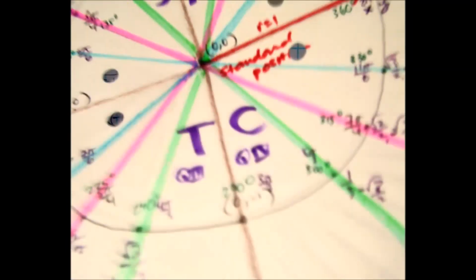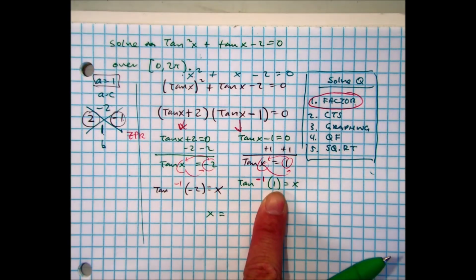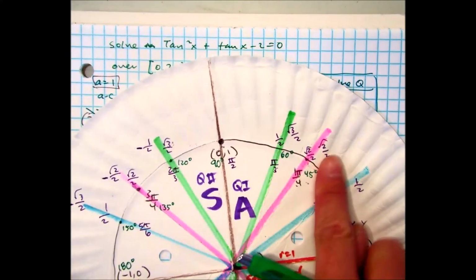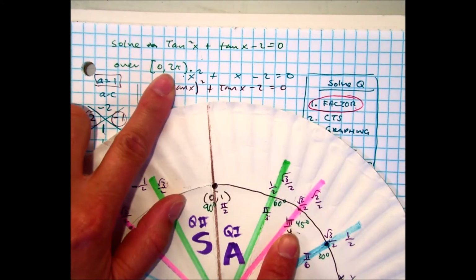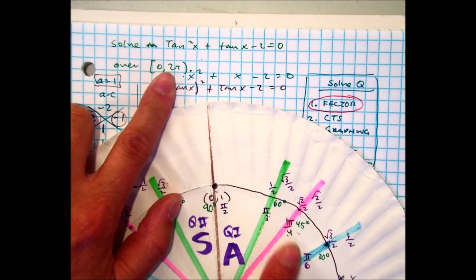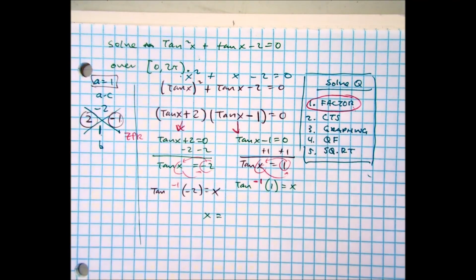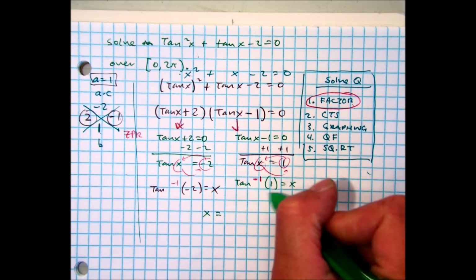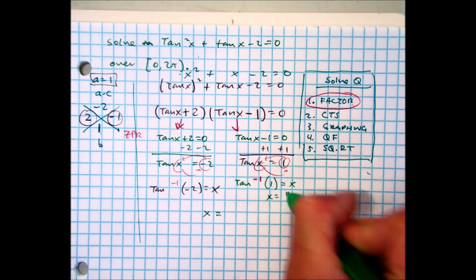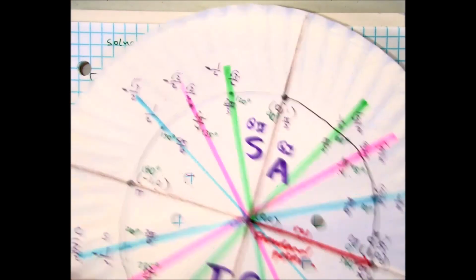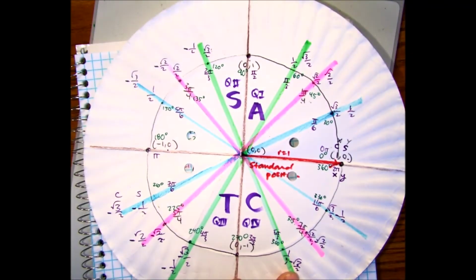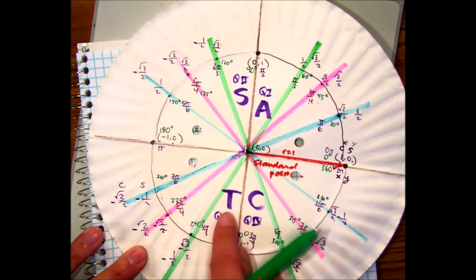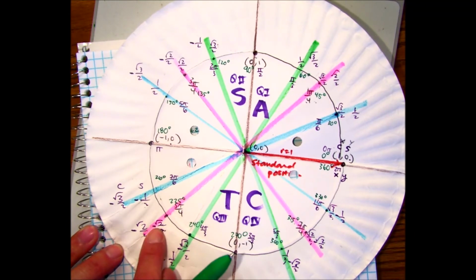So this one I'm looking for positive tangent. So that would be our pi over 4. Notice how I'm using radians. So over here, this would be pi over 4. Any other locations where tangent's positive? Third quadrant. Negative over negative is a positive, so 5 pi over 4.